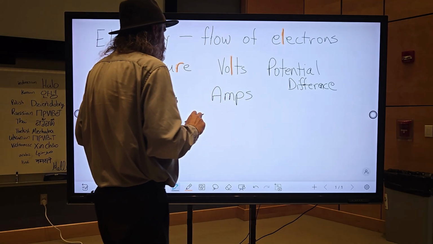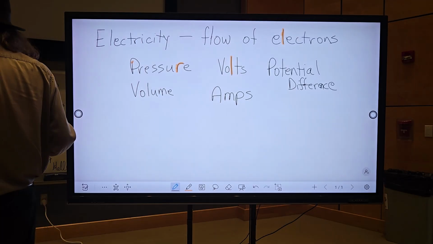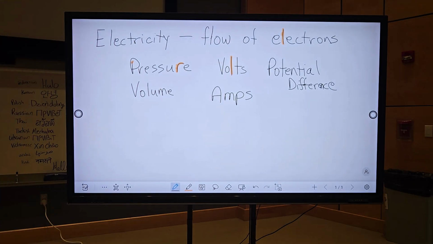But that's the volume, the number of electrons going through the current, going past a particular point in a circuit. So you'll see different values for different things. Sometimes you'll see a high voltage, like fluorescent lights.